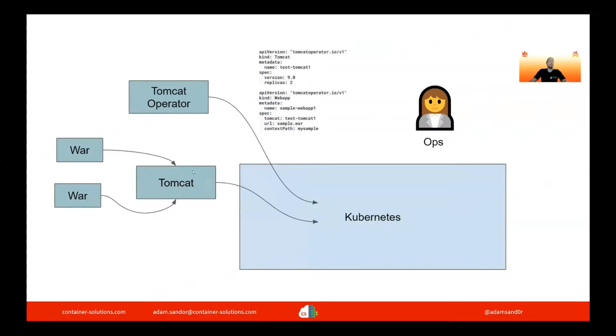What we do is we deliver an application called the Tomcat-Operator that will be monitoring any custom resources of type Tomcat and webapp on Kubernetes and actually making the magic happen behind the scenes. So actually starting up Tomcats and downloading WAR files and deploying them into Tomcat.